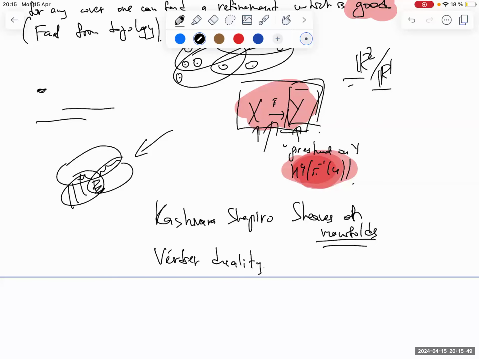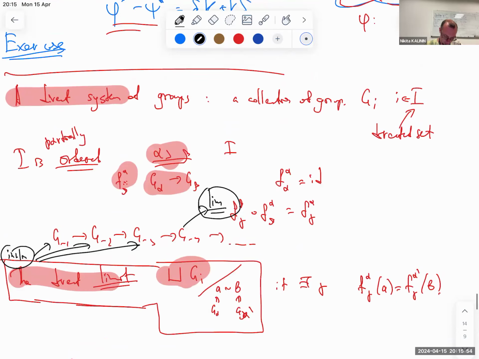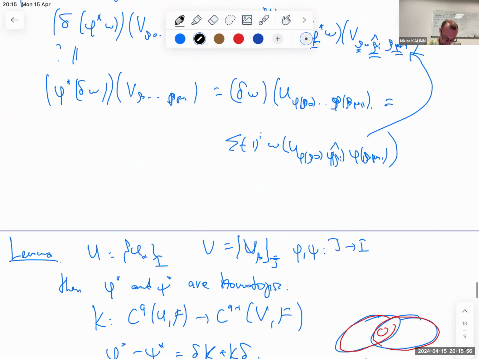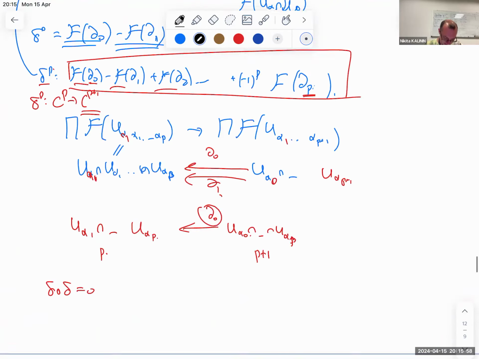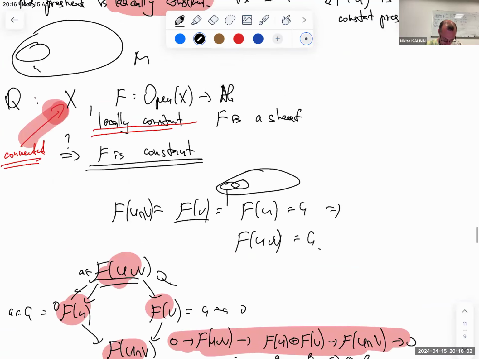So it is not so simple. Maybe even simply connected is not enough. So let's think about that. Okay, thank you for your remark. Good.